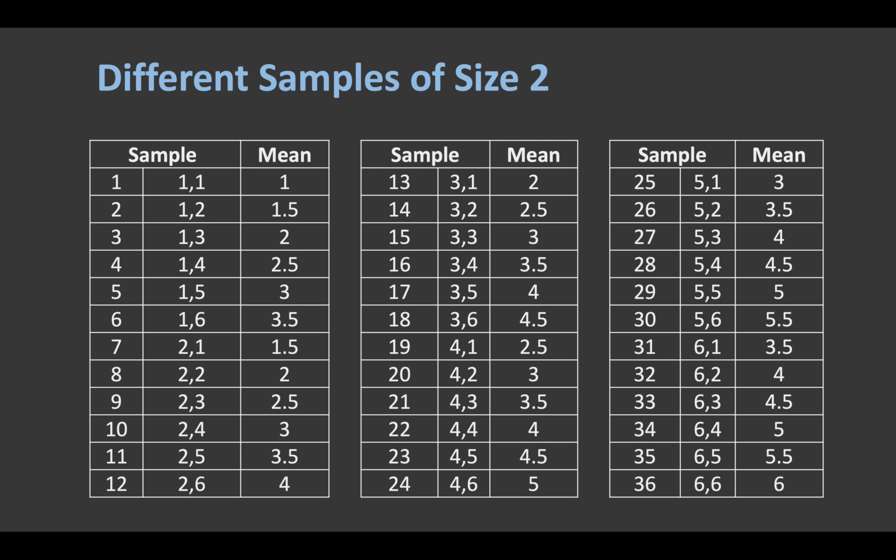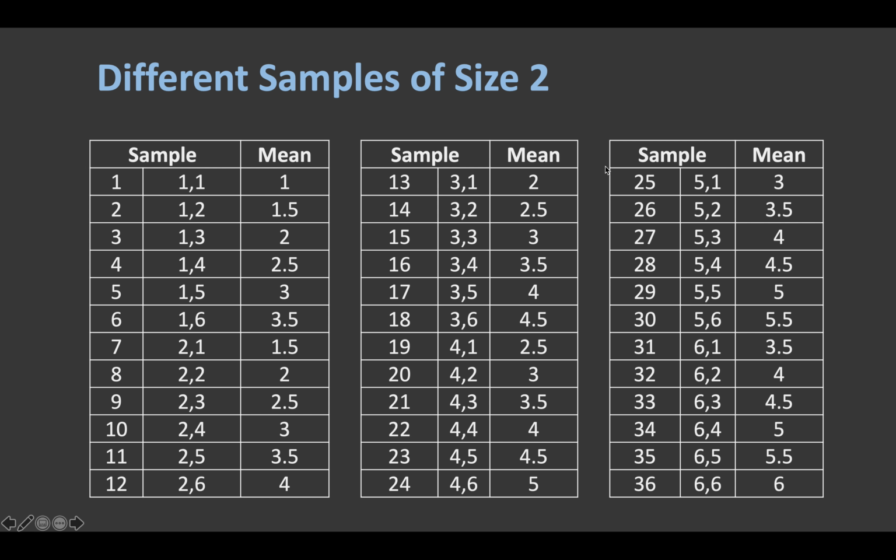For each of these, we can calculate the mean. In this case, 1. In this case, 1.5. Then 2, 2.5, 3, 3.5. In this case, we come up with another 1.5, right? And another 2, another 2.5, another 3, 3.5, a new number which is 4, and then continue so on and so forth.